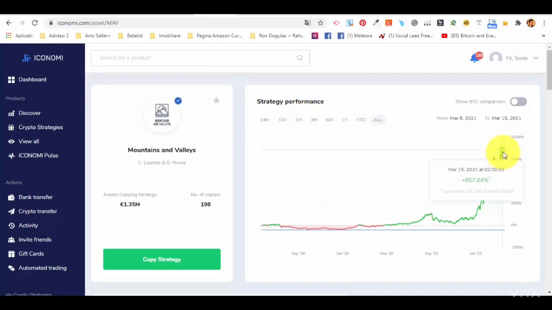Okay, so for example, this strategy's overall performance is at 150%, and if you are looking here, okay, they had some downtime when they were basically on the loss, but in the last 2 years obviously it grew a lot, and this is something which happened for a lot of strategies.